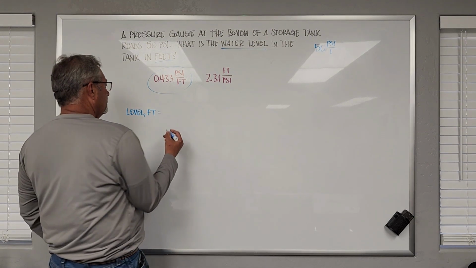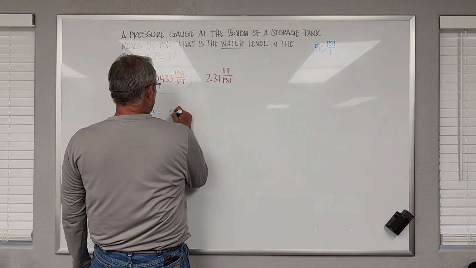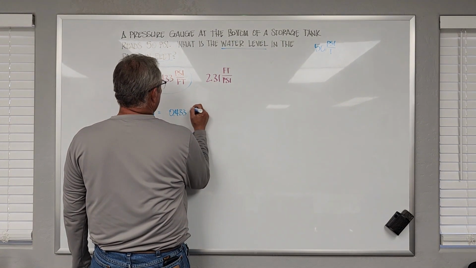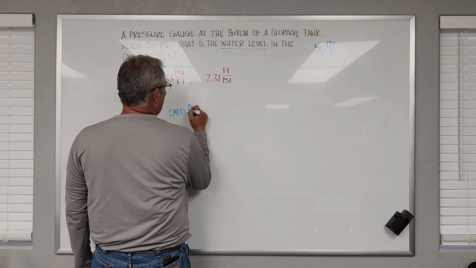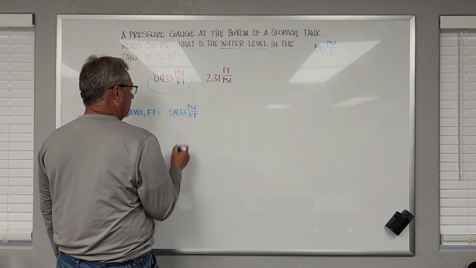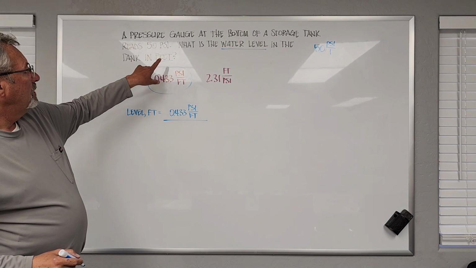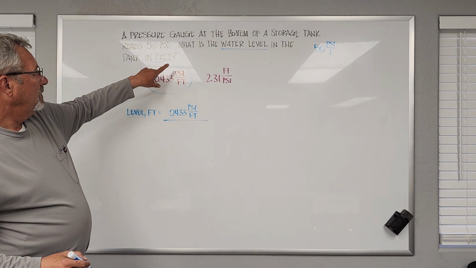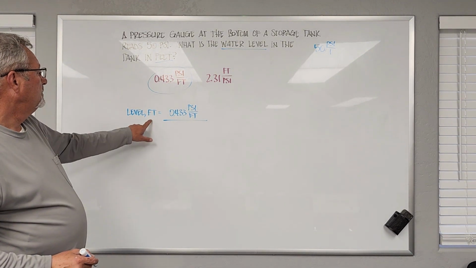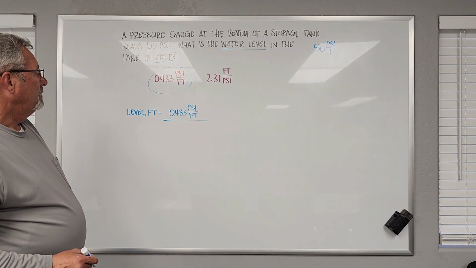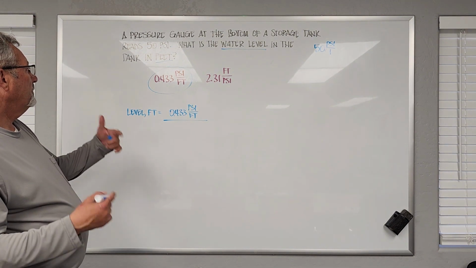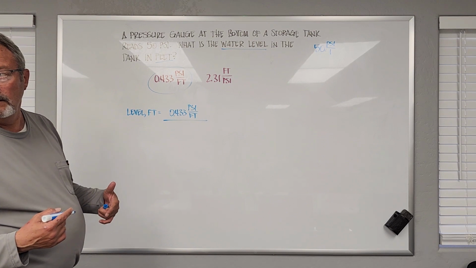So let's write this down first. 0.433 PSI over foot. And I know I'm going to divide because I need to get that 50 PSI to feet. Now the question is which one goes on top of the other, right?